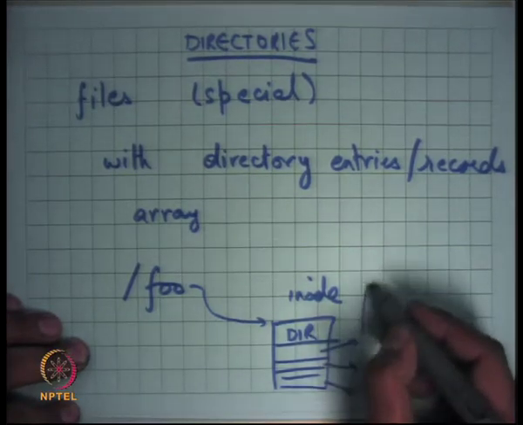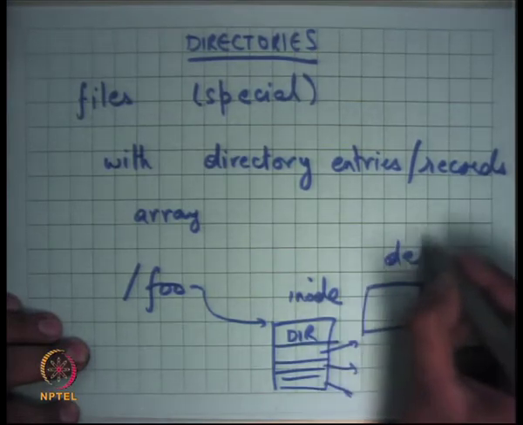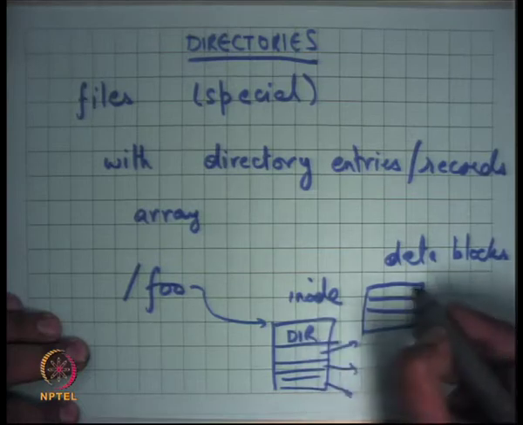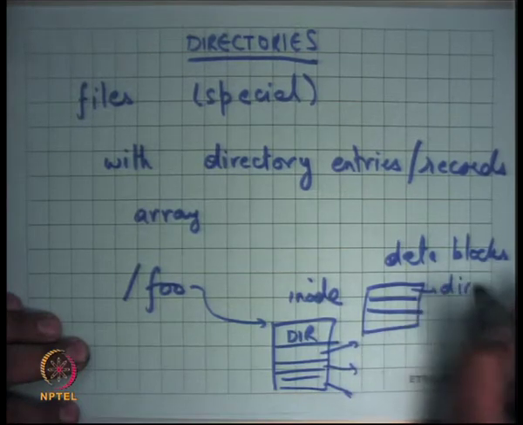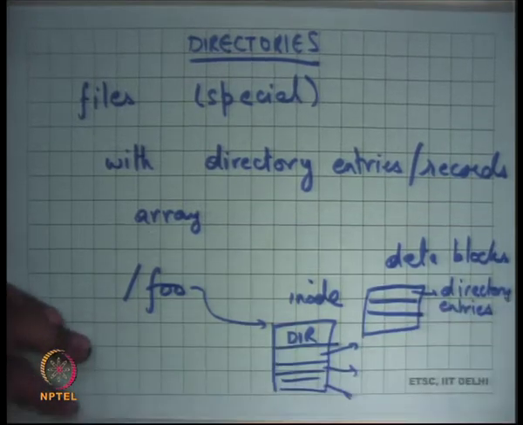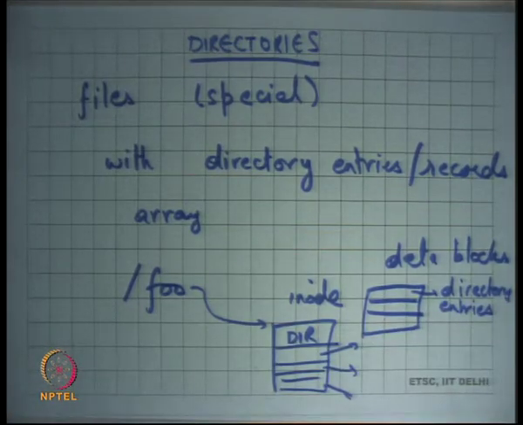So these are data blocks, but these data blocks will contain directory entries. Right? So basically a directory is nothing but a file which stores directory entries.